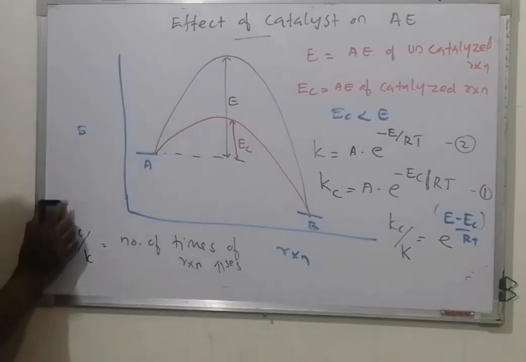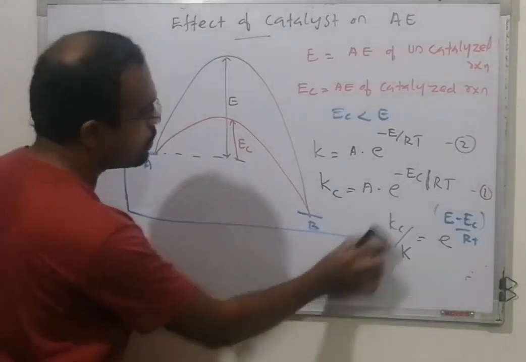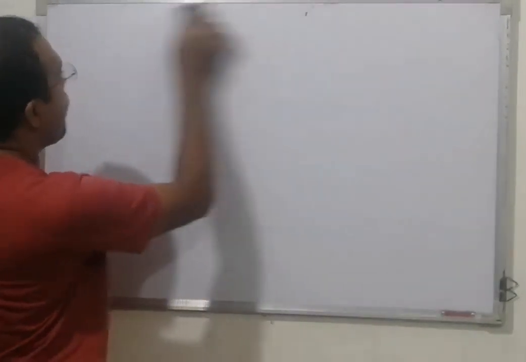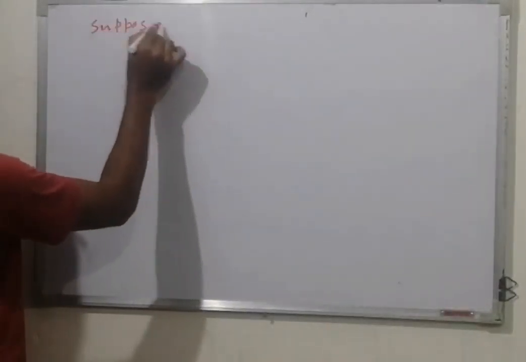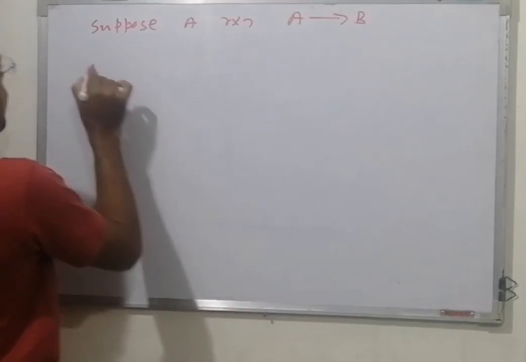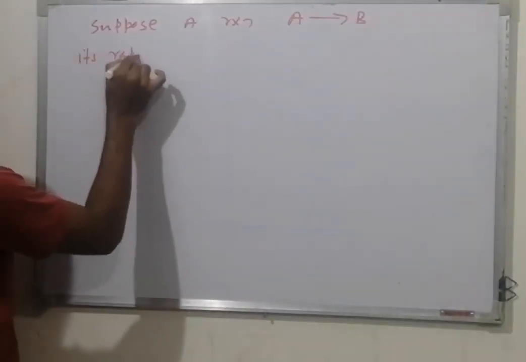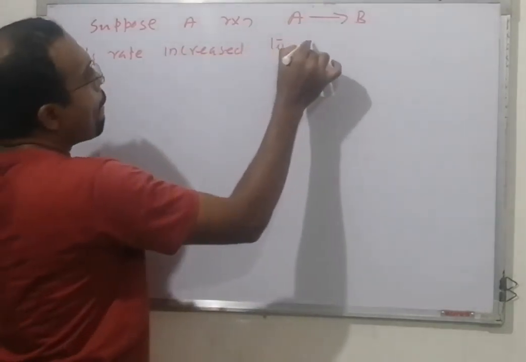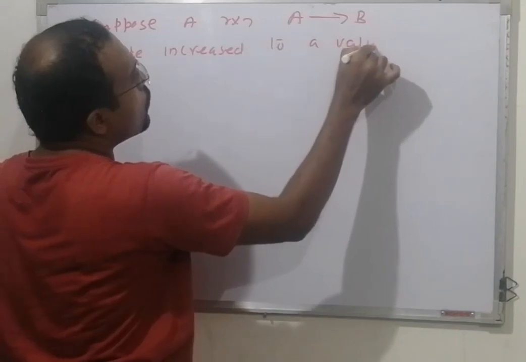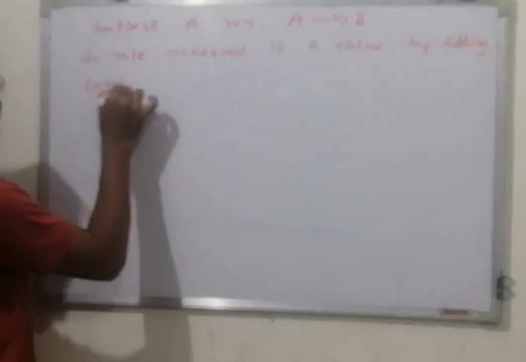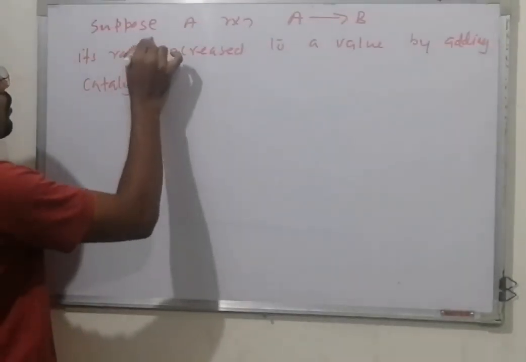Now, I go to another very important concept. Suppose a reaction A gives B, and its rate is increased to a value by adding a catalyst. Rate or rate constant.